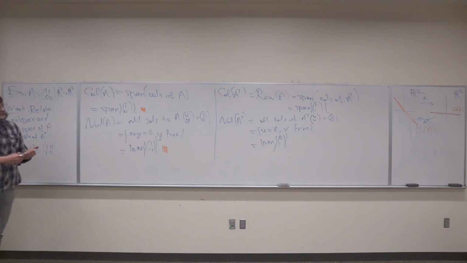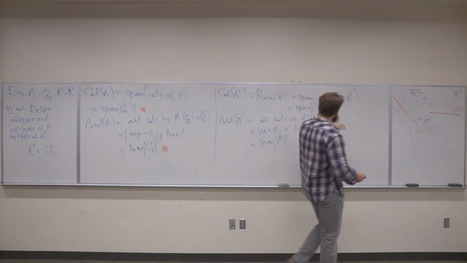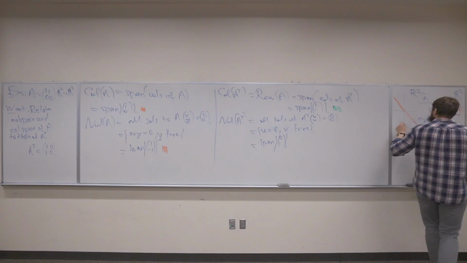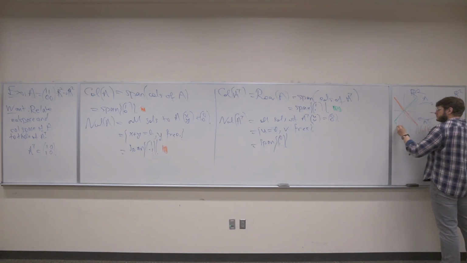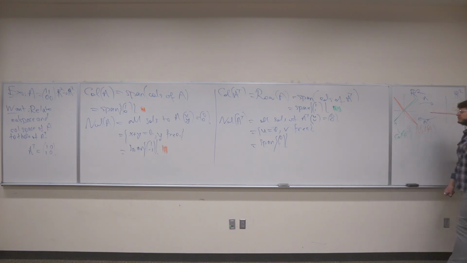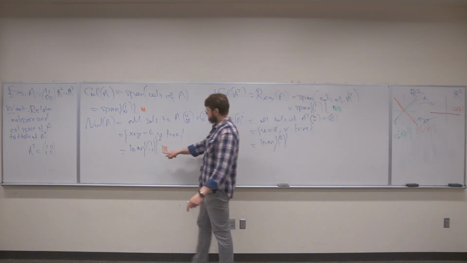So if I were to look at the column space of A transpose, it's this guy, 1, 1. And you're going to get this first diagonal. Column space of A transpose. You see? This is a span of 1 minus 1.